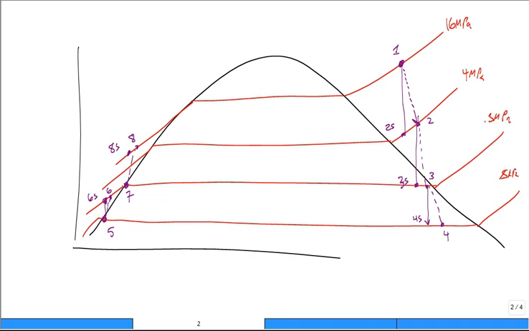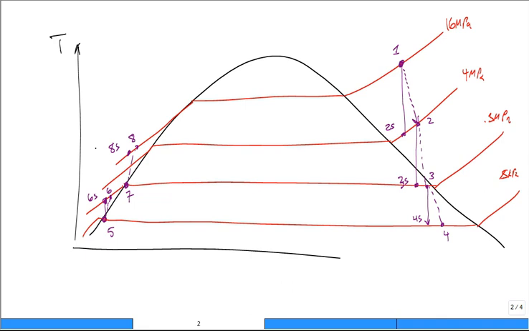Okay, where is state 9? This is where the diagram is really poor. I'm sorry about it, but state 9 is at what pressure? 16. So it's on that 16 megapascal line. But what is the temperature? The saturation temperature at 4 megapascal.